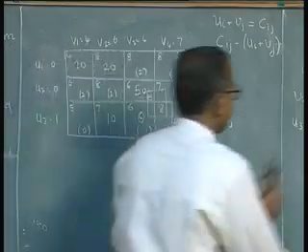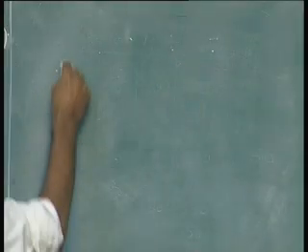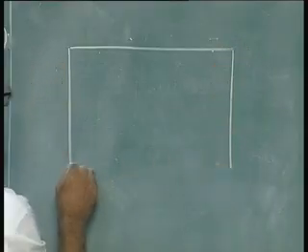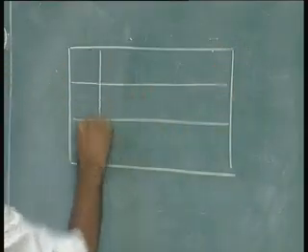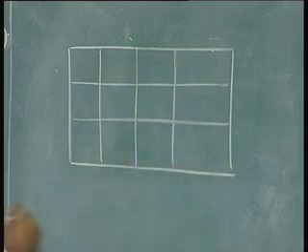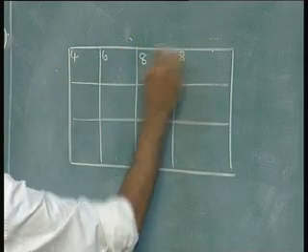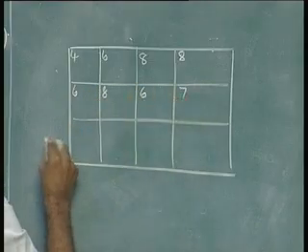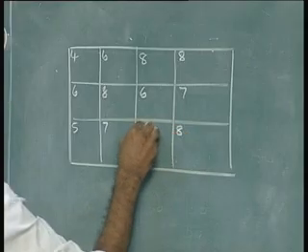Now the new solution will become 4, 6, 8, 8, 6, 8, 6, 7, 5, 7, 6, 8.